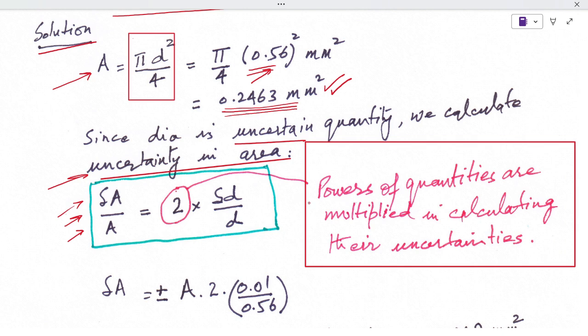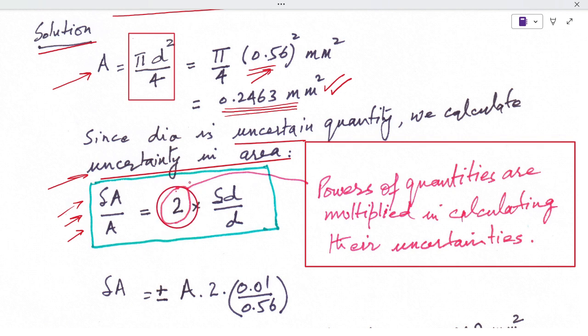So here in the area calculation, there is a d square, that is d has a power of 2. So fractional uncertainty of diameter will be multiplied with 2, as I have explained in the red color.